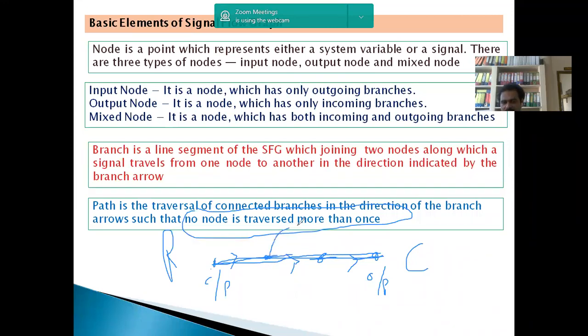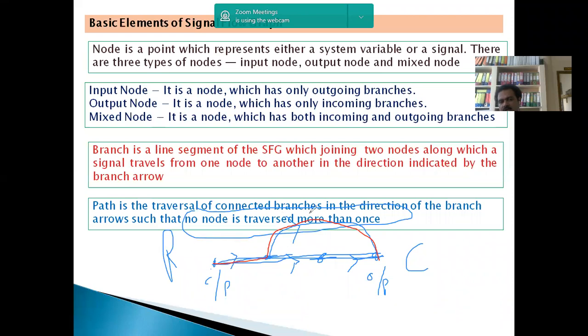For example, if one more branch is connected in this direction, this is called another path. From input node to output node, the signal passes in this direction, from up to this one, and here one more branch is connected in this direction, so it reaches the output node.